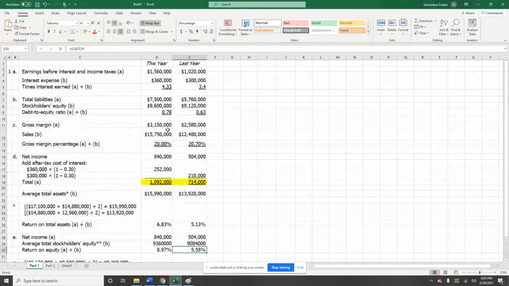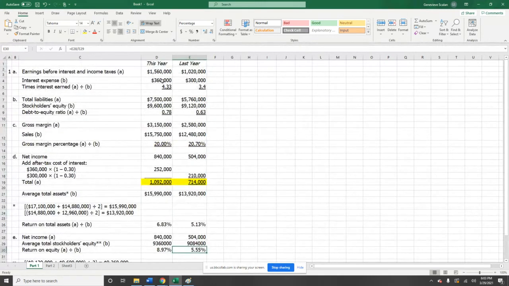Okay, that's great. So we calculated part 1, A through E, and we did have to calculate some averages. So always remember, when you do average total assets, average stockholders' equity, anything like that, it's the beginning balance plus the ending balance divided by 2. It's not a perfect average. If you took every day's average, it probably wouldn't be perfect, but it's close enough.